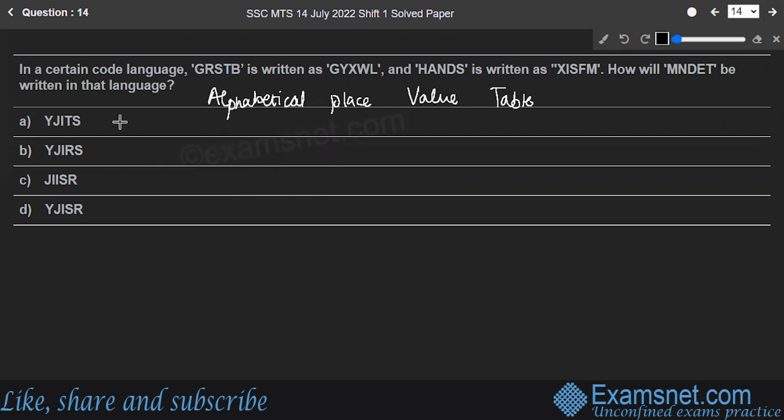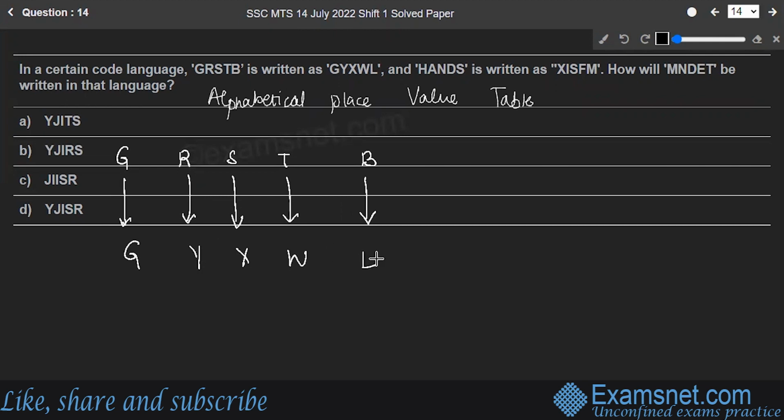So first thing, it is said that GRSTB is written as GYXWL.